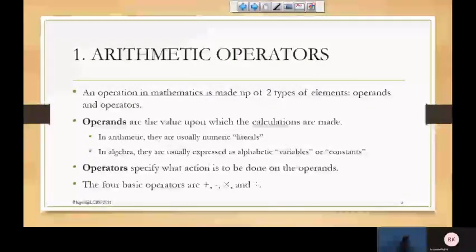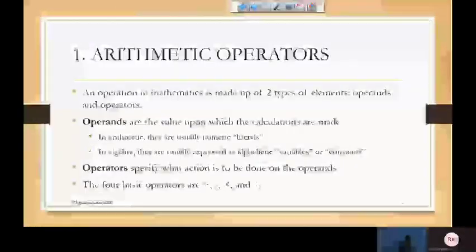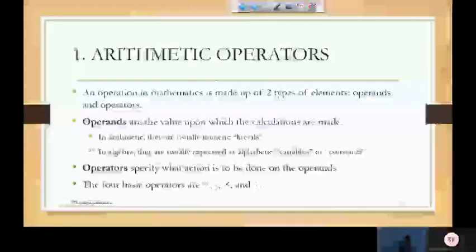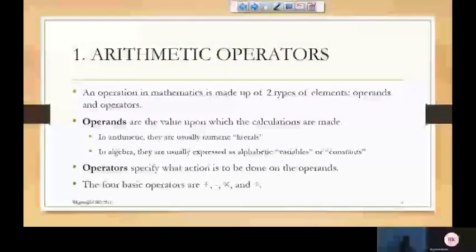Let us start off by identifying an arithmetic operation. An operation is made up of what is called an operator and an operand. An operand is the actual thing that the operation is going to be done on. The noun, the thing.